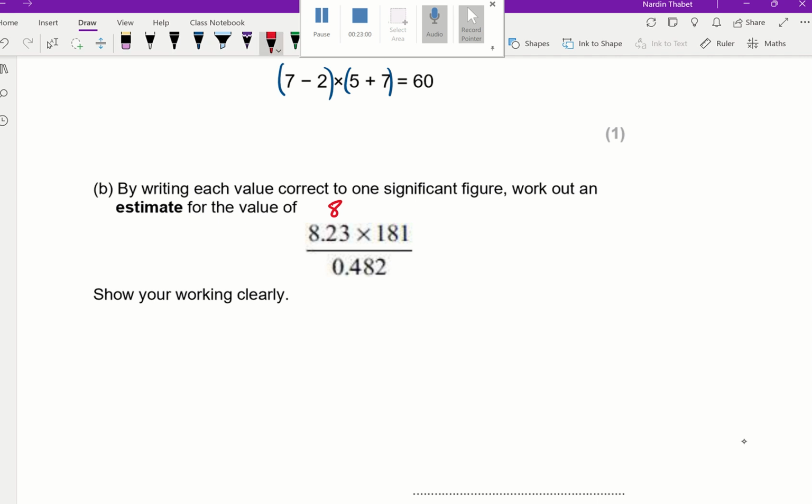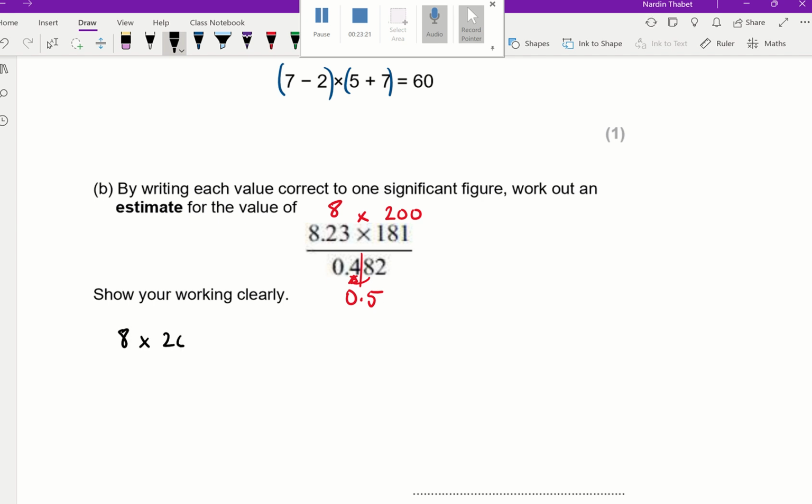It's basically closer to 200. This is the first significant figure, the 4, not the 0. The 8 rounds 1, so rounds up, so it's 0.5. So what you do is you show these 3 numbers. It says show your workings clearly.